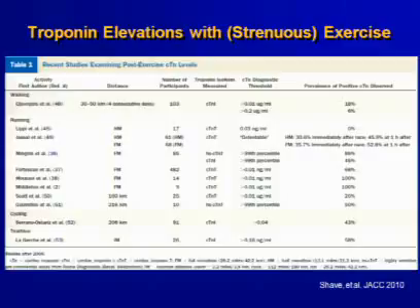Troponin elevations in the setting of exercise I think are fascinating. This came from a recent paper from last year in 2010 in JACC, which was basically a systematic review of the literature on troponin elevations in exercise. Largely we've thought of this as elevations that occur in the setting of distance runners, marathon runners, or half marathons.